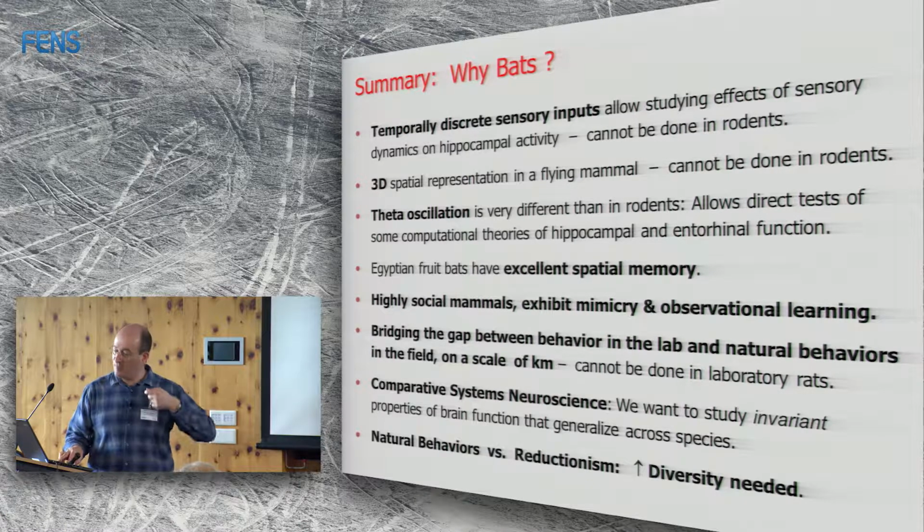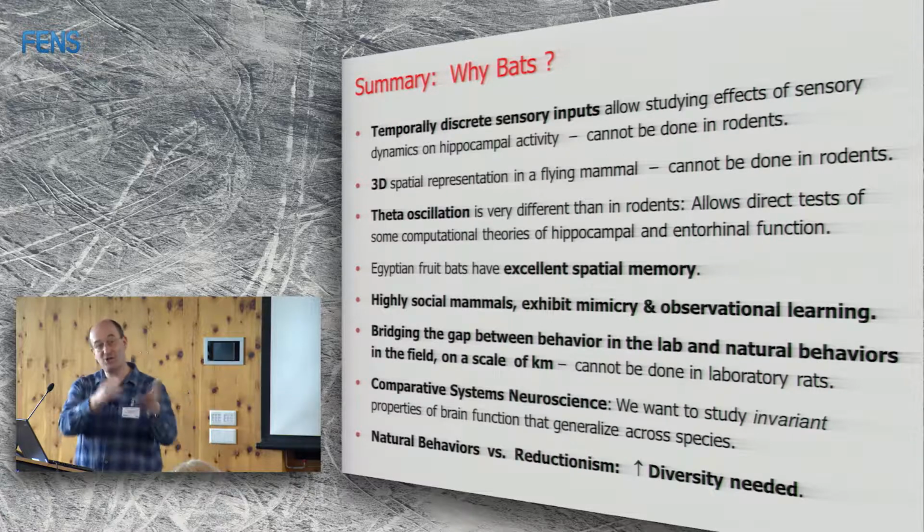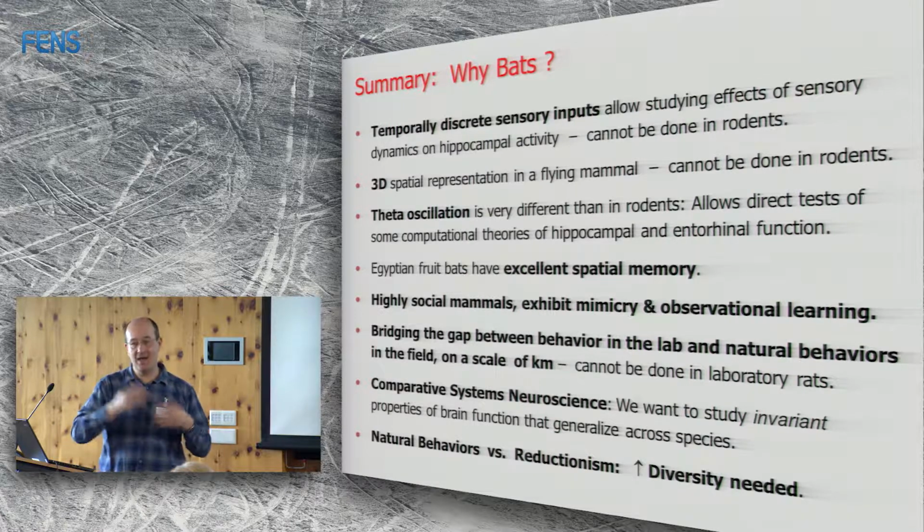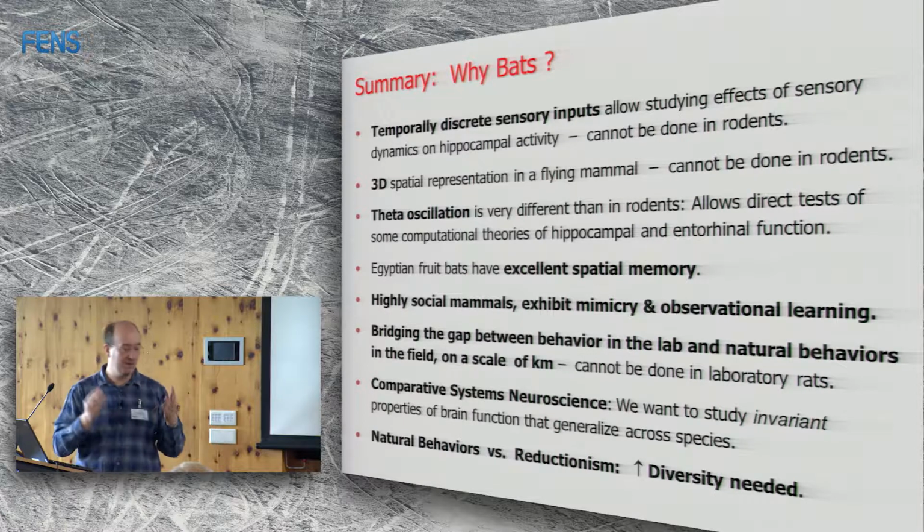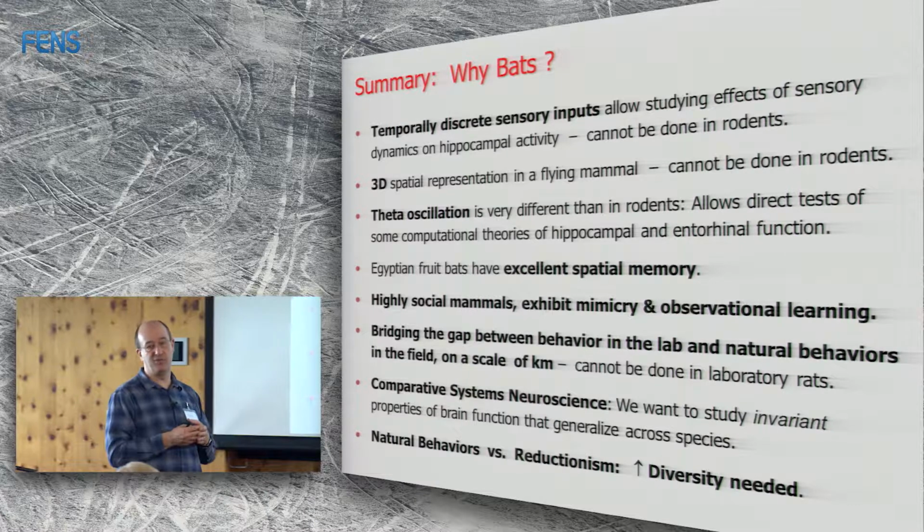And the point that's even more dear to my heart, and this has to do a lot with what this entire course's ideology is, is the comparison of natural behaviors versus reductionism. Western science for the last 400 years has had a very strong emphasis on the reductionist approach.